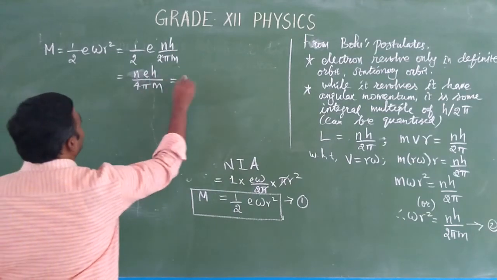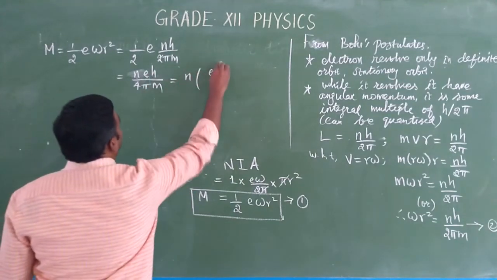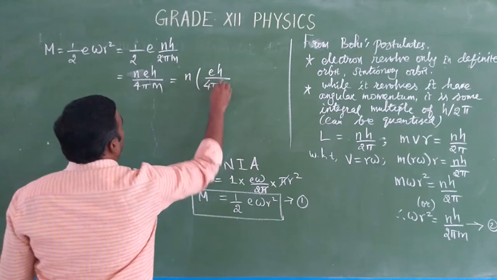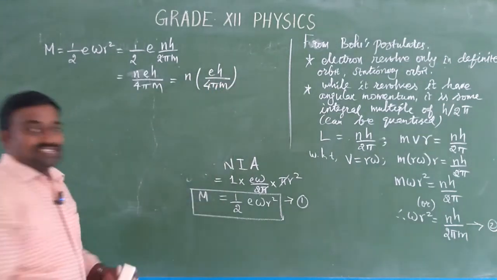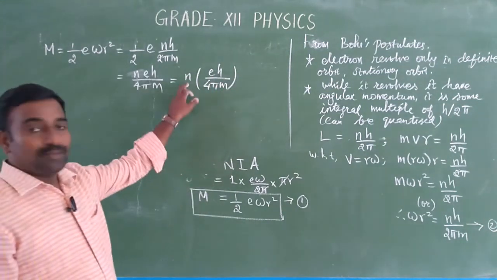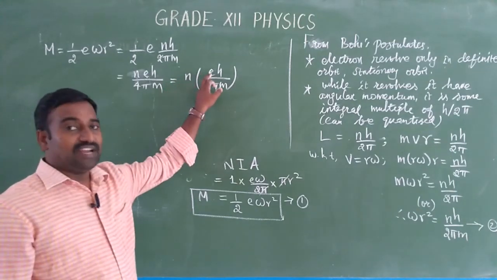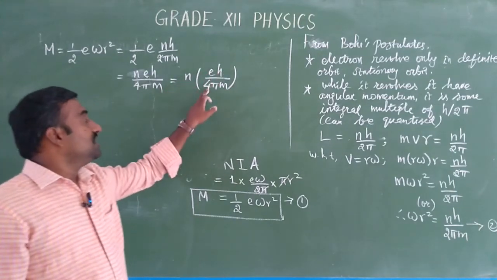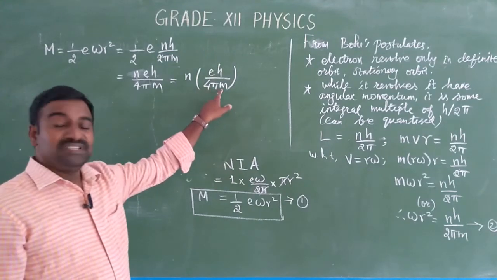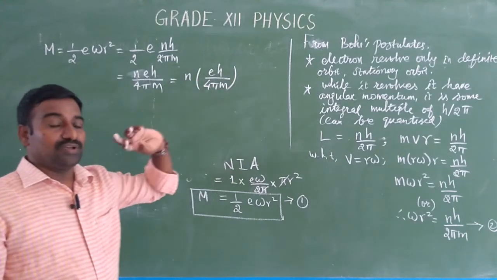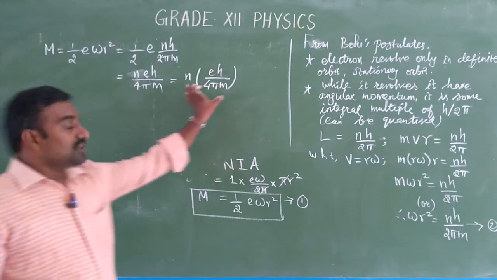Here we can write it as neh by 4 pi m, which is equal to n into eh by 4 pi m, where n is the stationary orbit in which the electron revolves, e is the charge of an electron, h is Planck's constant, 4 pi is a constant, and m is the electronic mass. Okay, so these are all constant terms.